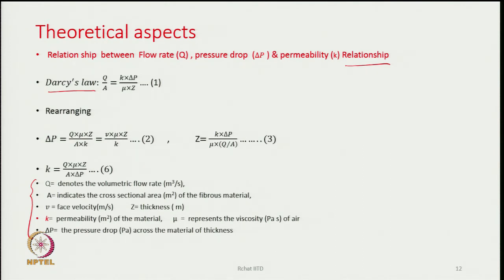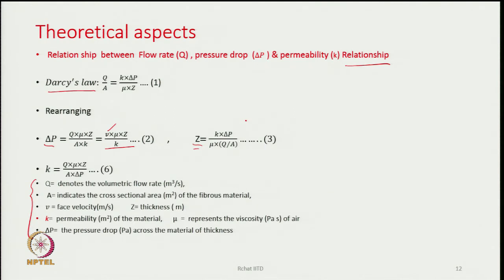We straightway take this equation and rearrange it in terms of delta P, which is Q by A into mu into Z by A into K. Or we can write it in this way also, because Q by A is v, that is face velocity, or we can write thickness in terms of other parameters.